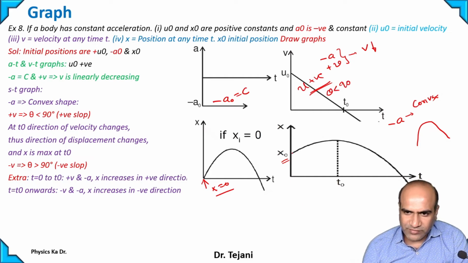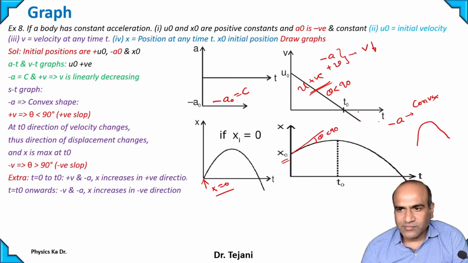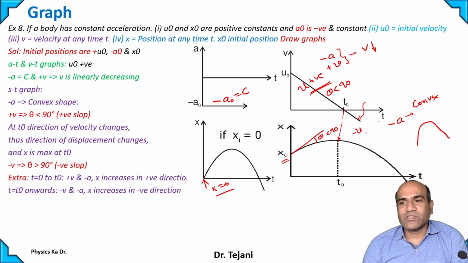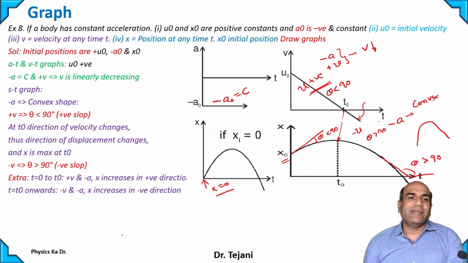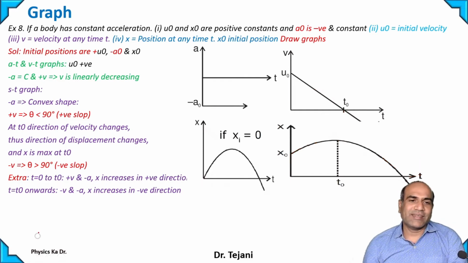Here this theta is less than 90 degrees. At t0 it reaches the maximum point, and then here u becomes negative, and therefore the slope theta should be greater than 90 degrees. Here this is the case: this slope theta is greater than 90 degrees.